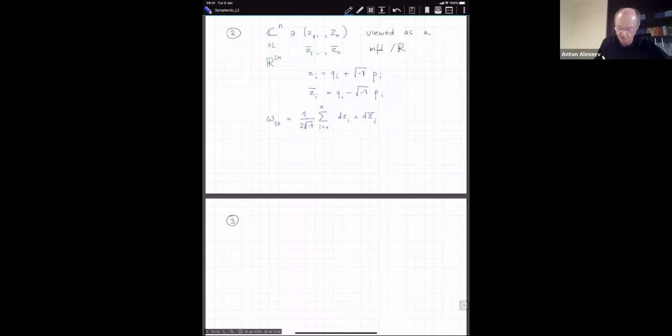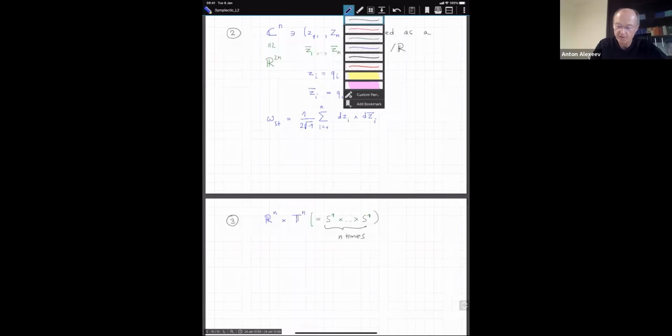Okay, so example number 3, also very important in practice. We consider R to the n times the n-dimensional real torus, which is simply a product of n copies of the circle.